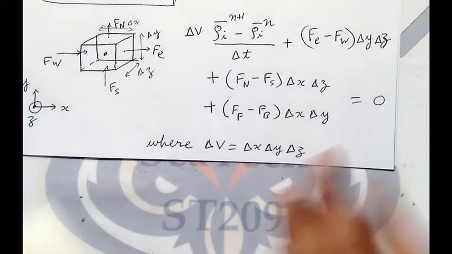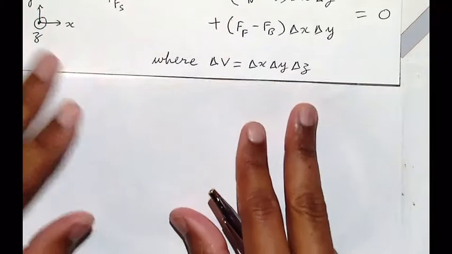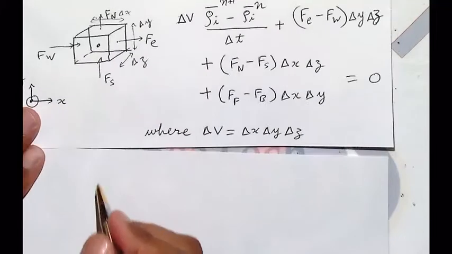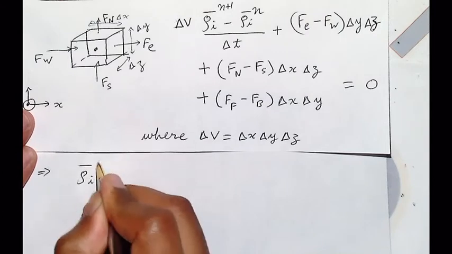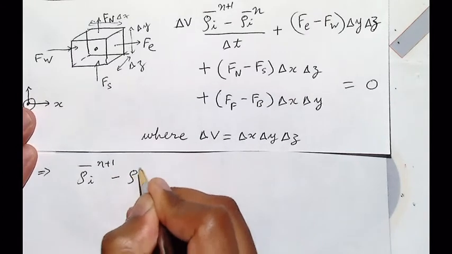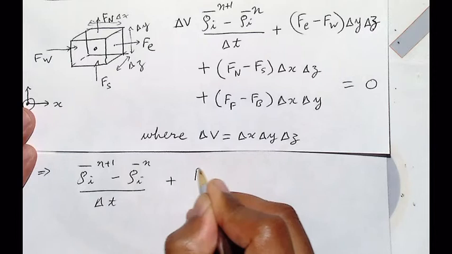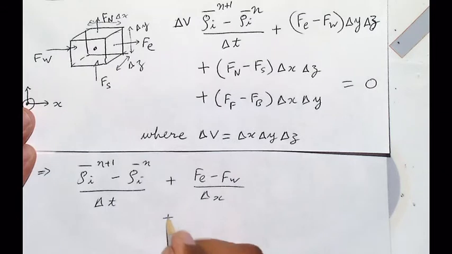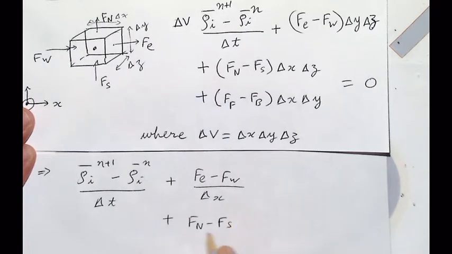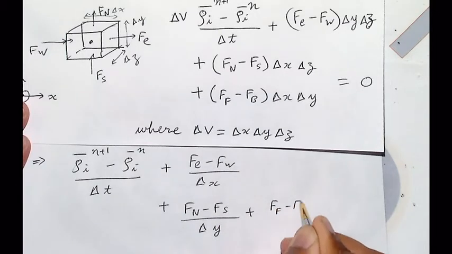So let me write it out, which implies rho I bar n plus 1 minus rho I bar n over delta t plus flux east minus flux west over delta x plus flux north minus flux south over delta y plus flux forward minus flux backward over delta z equals 0.